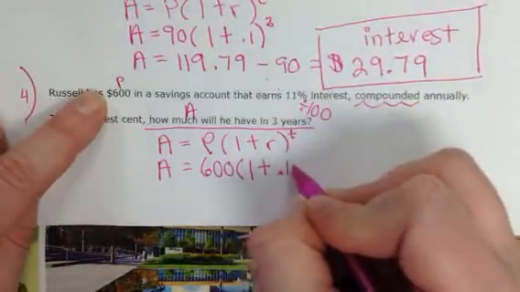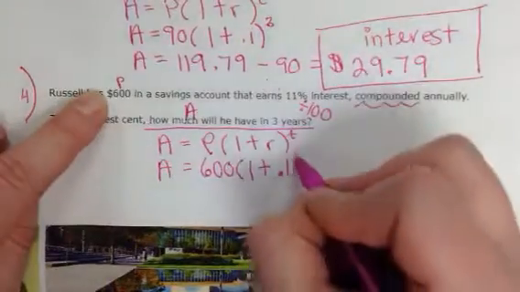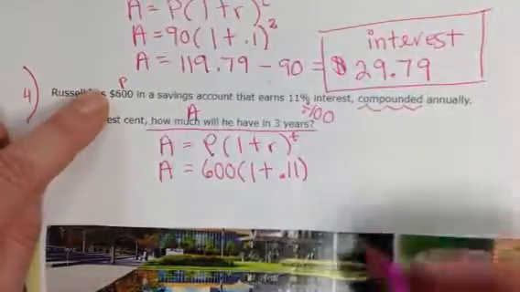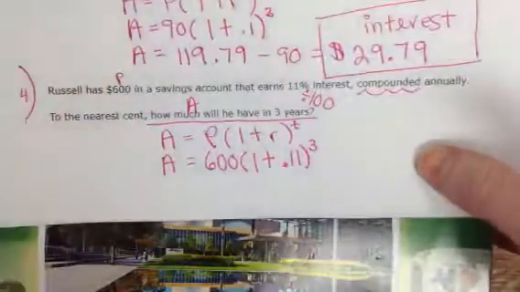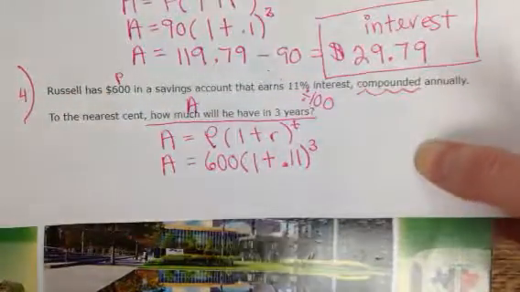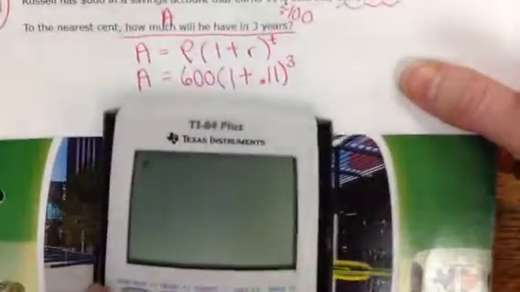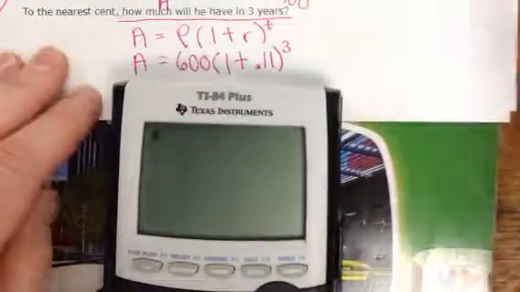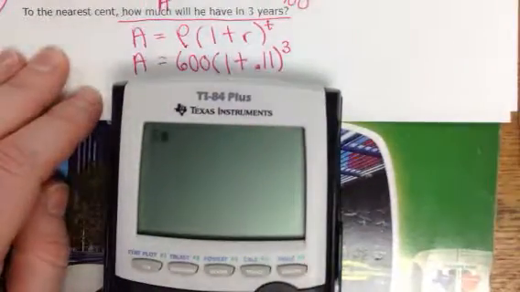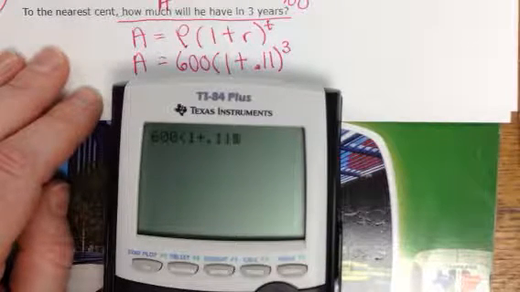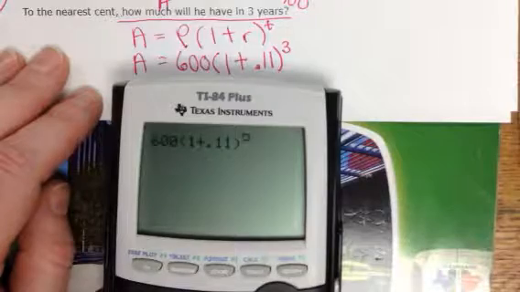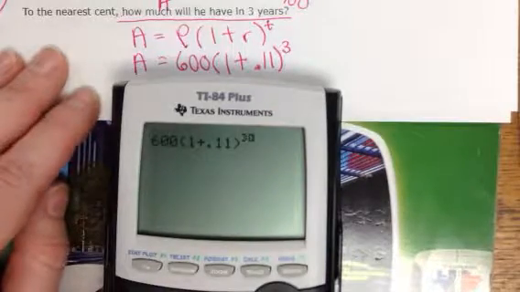So I get 11 hundredths. Close the parentheses. The time is 3 years. Okay. 600. Open 1 plus 11 hundredths. Close it to the third.